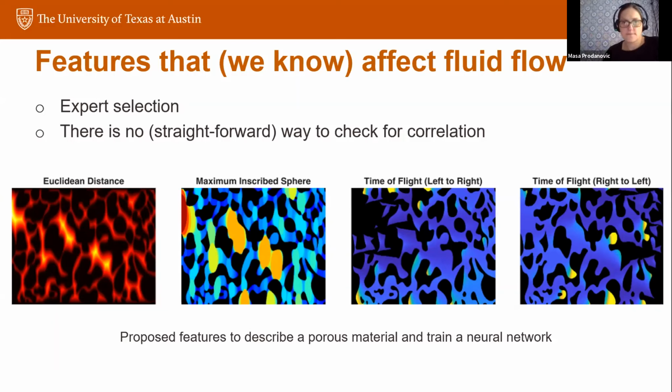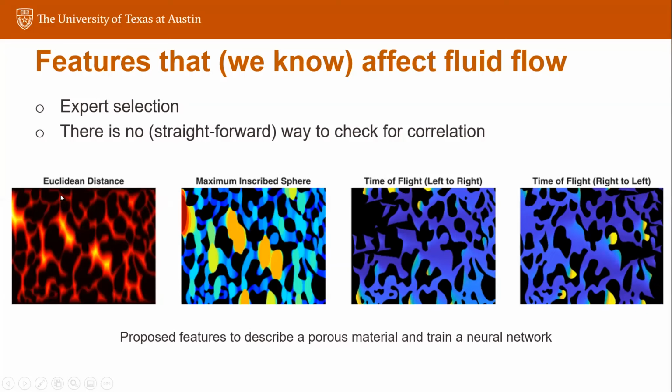So in order to feed a more comprehensive set of input parameters, we came up with these 4 features. These came from what I will call expert selection. We think these 4 features represent a porous material very well. We're not claiming that these features uniquely represent a sample, but I think they can inform a neural network very well of what's happening inside a binary image. And I'll explain them a little bit.